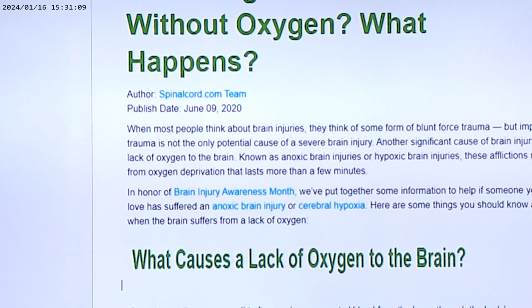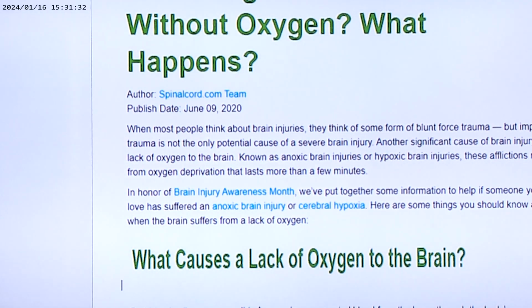Okay, now, how long can a brain go without oxygen? What happens? When most people think about brain injuries, they think of some form of blunt force trauma. But impact trauma is not the only potential cause of severe brain injury. Other significant causes of brain injury is a lack of oxygen to the brain, known as anoxic brain injuries or hypoxic brain injuries.